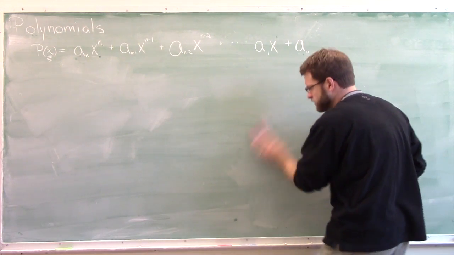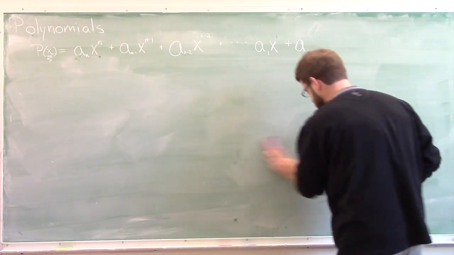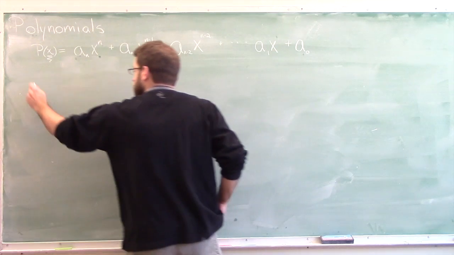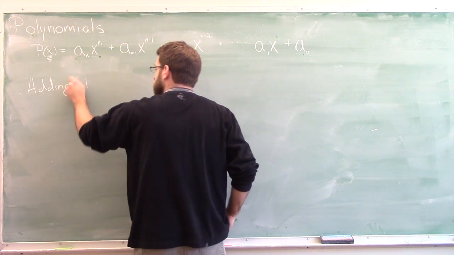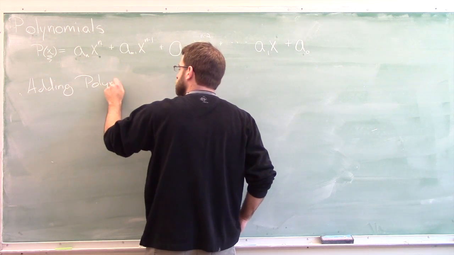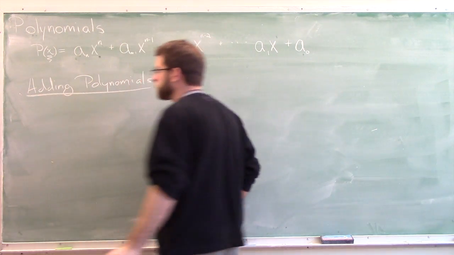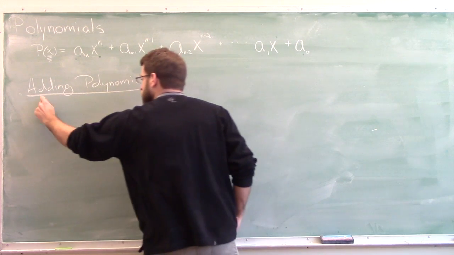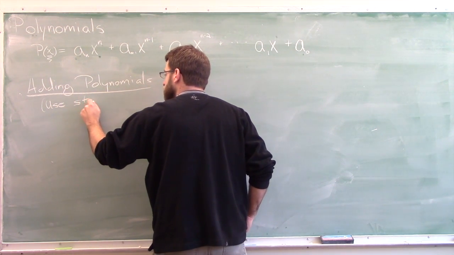If we want to deal with polynomials, we might want to put them together to combine them in different ways. So we might try to add polynomials. And for adding polynomials, it's very helpful to use standard form.